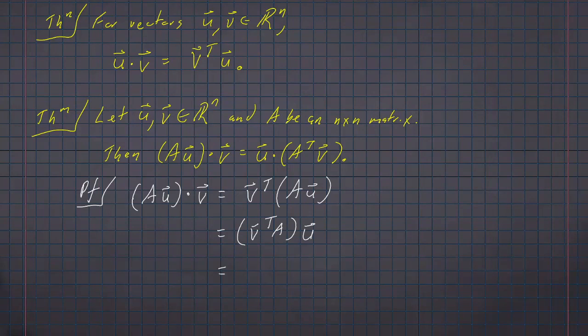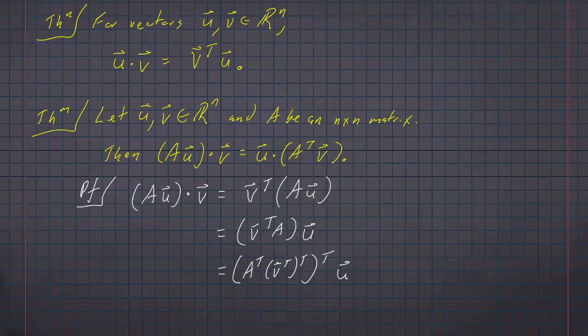Now v transpose times A, since we're looking at a product and there's a transpose involved, it hopefully will make sense to kind of work backwards on the theorem of the transpose of a product.